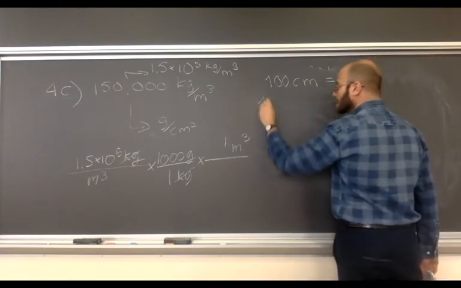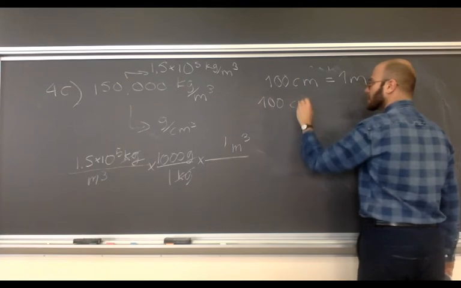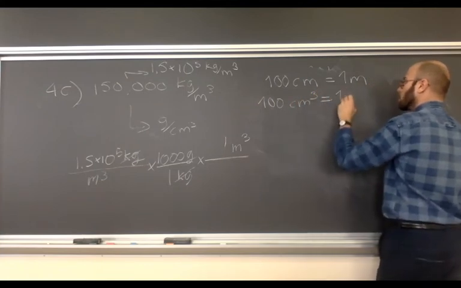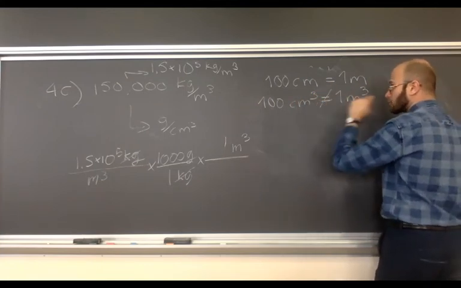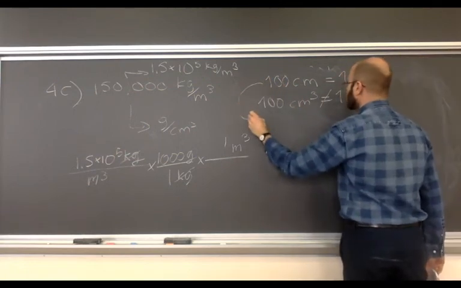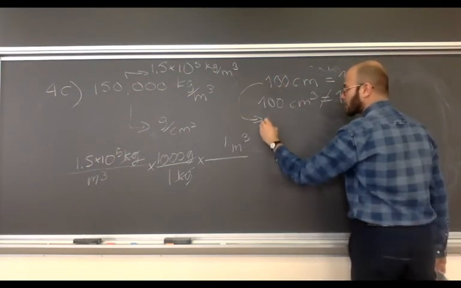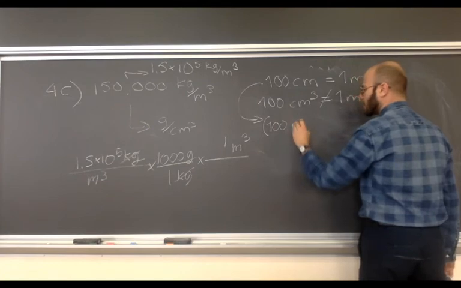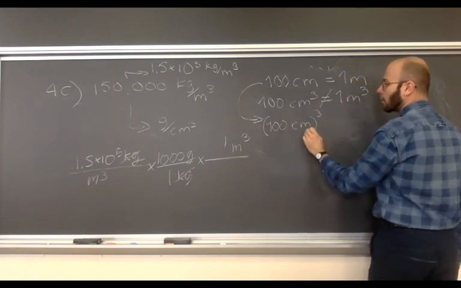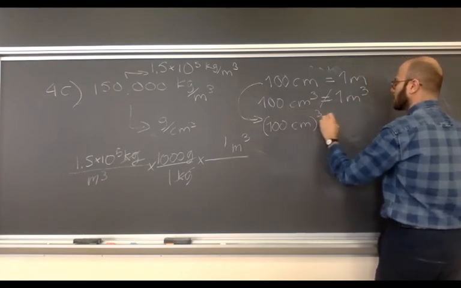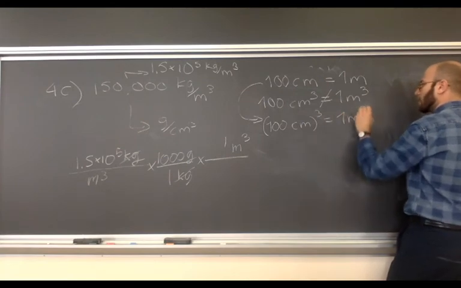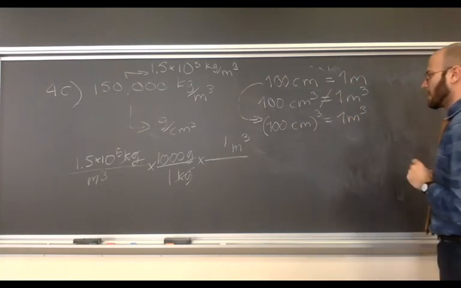And so an easy mistake to make is that 100 centimeters cubed is equal to 1 meter cubed, but that is not true. If we want to go to meters cubed, we can take the cube of 100 in this case. So you have to cube the whole thing, not just the units. And then here we have the cube of 1 is still just 1 in that way.